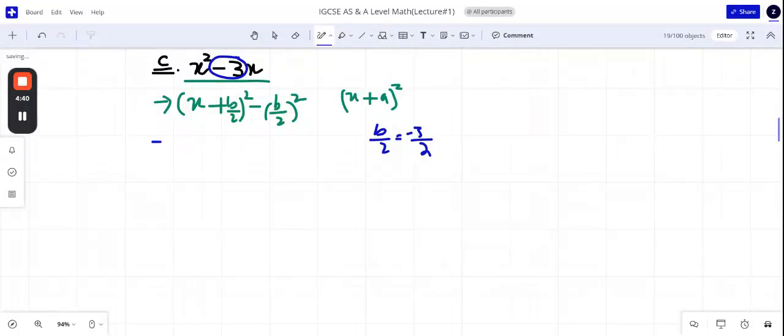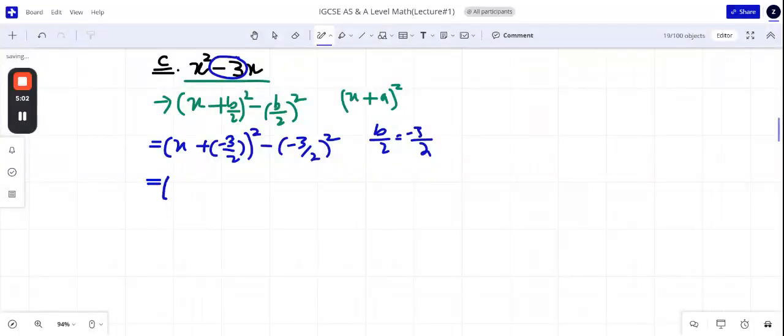So let's substitute the values there. x, so plus, and then -3/2. It would be plus minus, but let's write first (3/2) whole square minus (3/2) whole square.